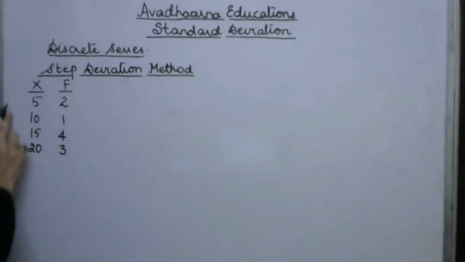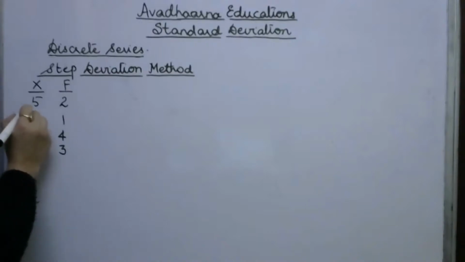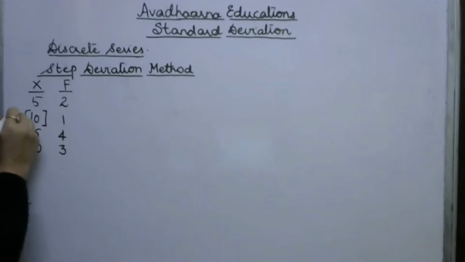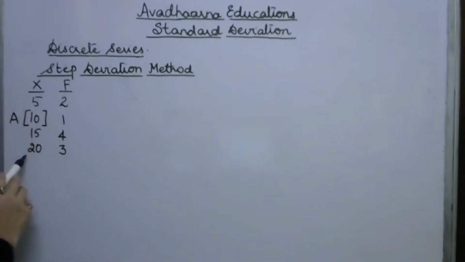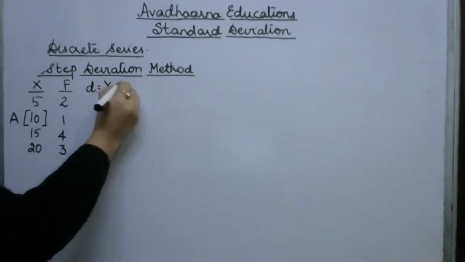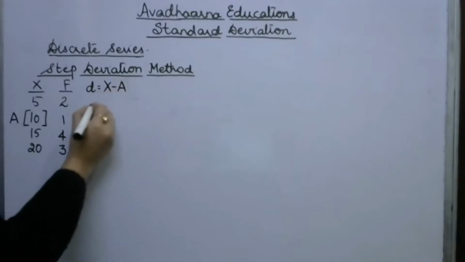Now the same question we are going to take for calculating the standard deviation by step deviation method in case of discrete series. So let's take A, assumed mean, first from among these x values, and let us take 10 as the assumed mean. So we are going to take deviations from this assumed mean, which is x minus a.